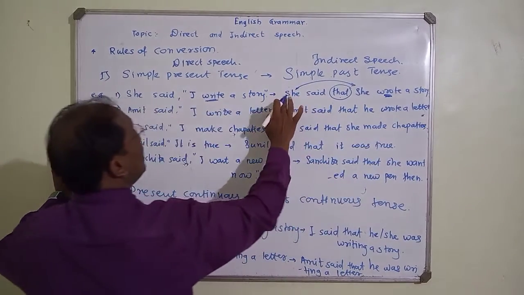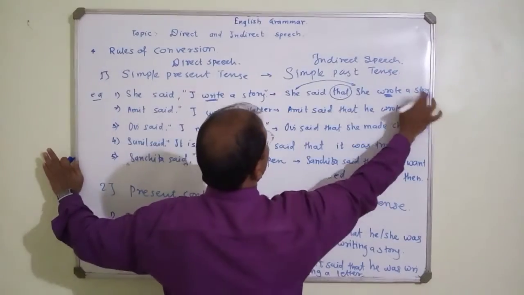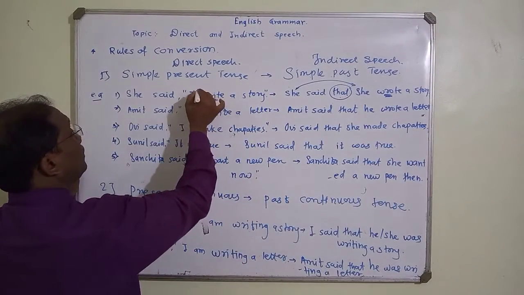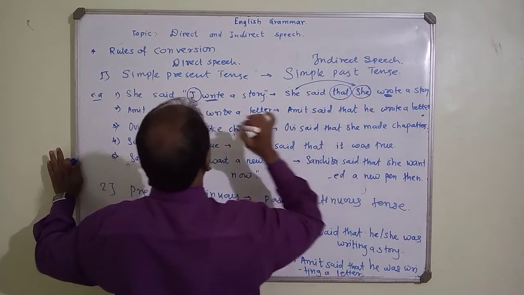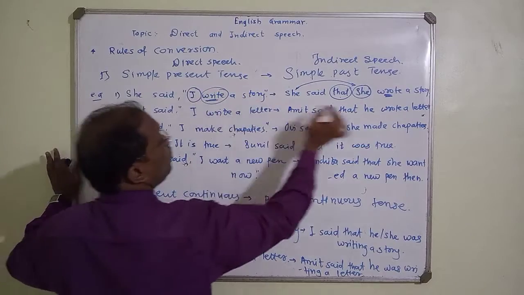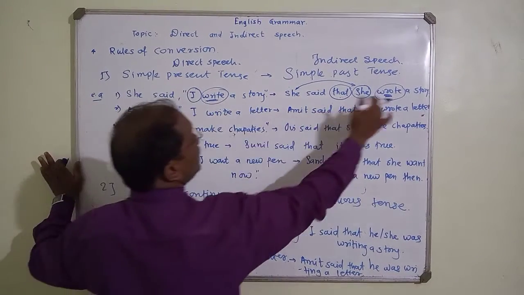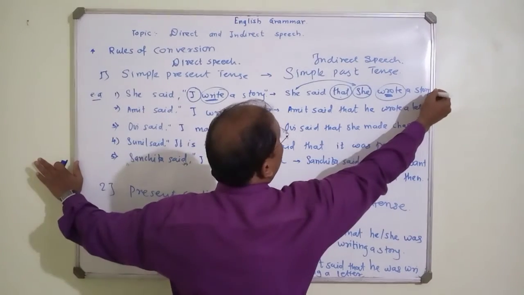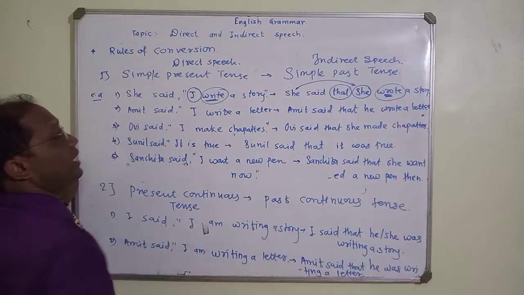So the answer is like this: She said that she wrote a story. Here I is converted into she, then write is converted into simple past tense. The remaining part as it is we write, and at the end of the sentence we give a full stop. We don't write inverted commas there.